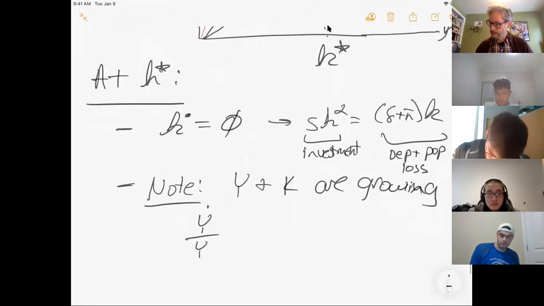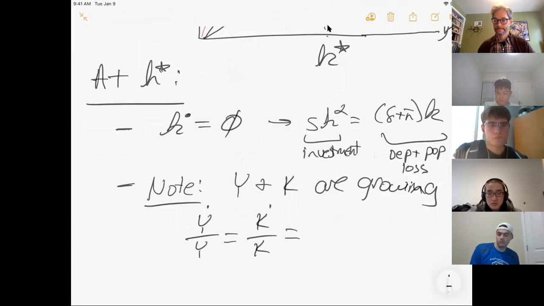Specifically, how fast are they growing? Any guesses? If per capita capital is steady, then what does the level of capital have to be growing at?